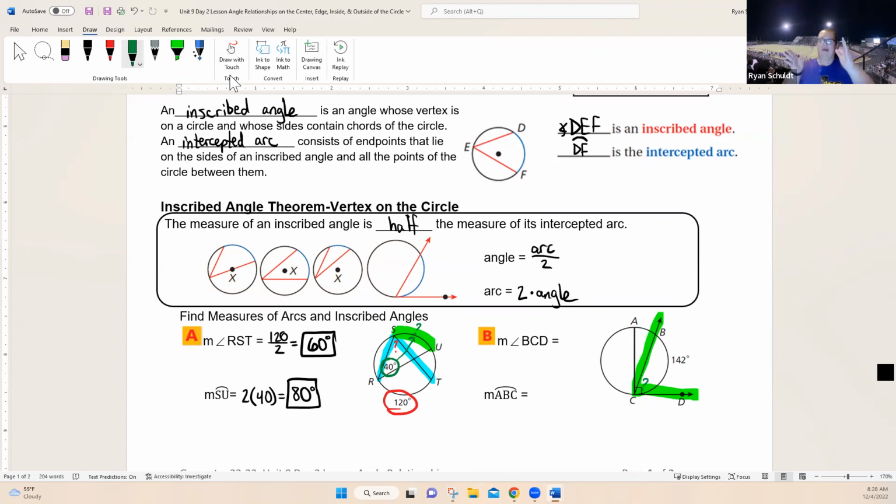Well, again, I know this 142. I'm already big. I need to go small, which means I need to divide by 2. 142 divided by 2 gets you 71 degrees.